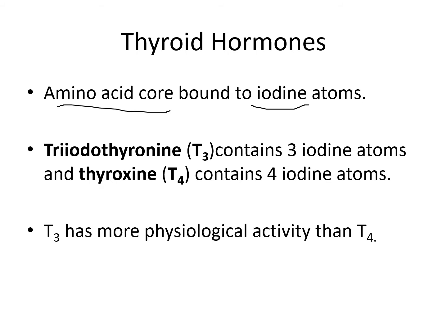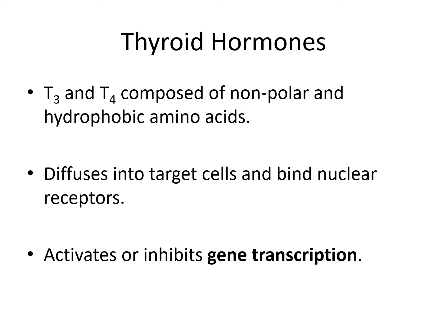Now, in comparison, T3 has more physiological activity than T4. This will come into play a little bit later in our discussion. So remember, T3 has more activity than T4. Thyroid hormones themselves are kind of unusual because we usually think of protein hormones as being hydrophilic.